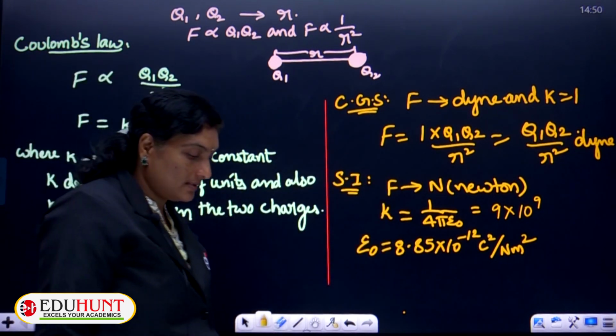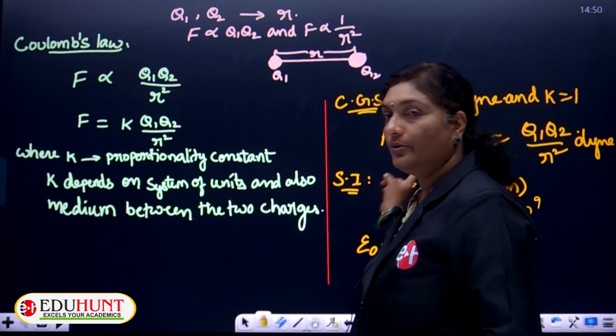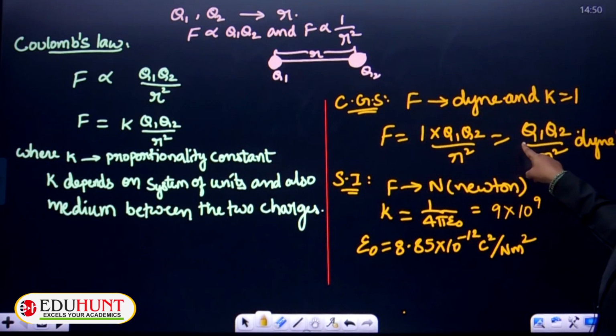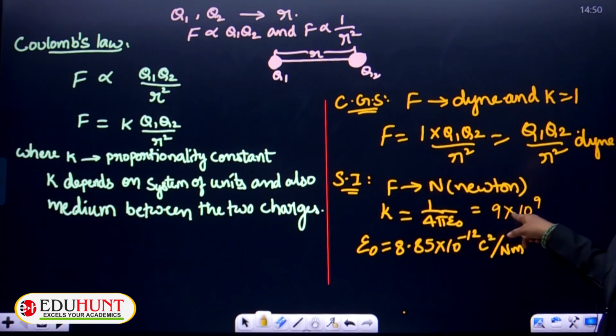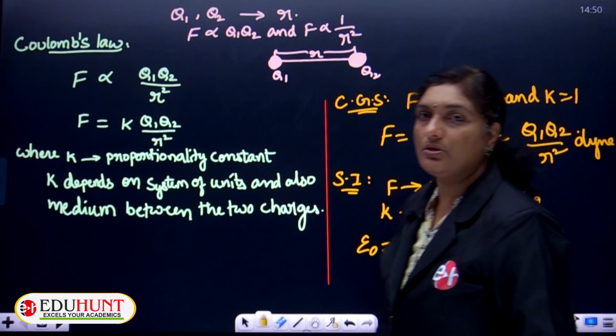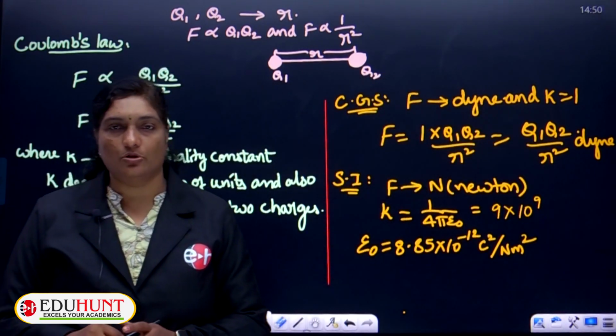Already I said that the value of K depends on the system of units, because earlier it is only 1, and here as we are considering SI units, the value of K will be 9 into 10 power 9. In CGS it is 1 and in the SI system it is 9 into 10 power 9. So if the system of units changes, the value of K changes automatically.